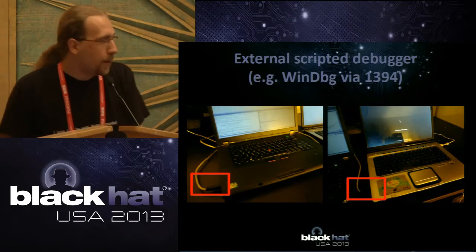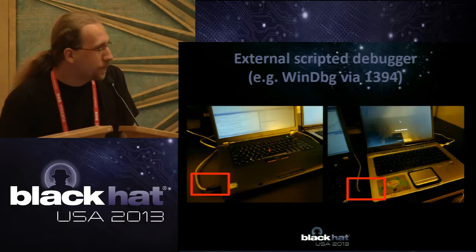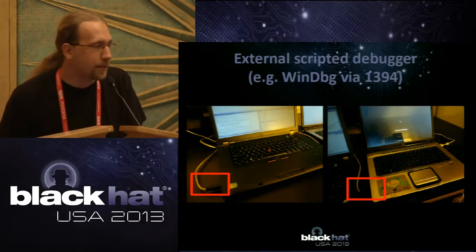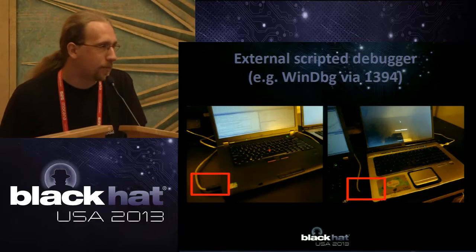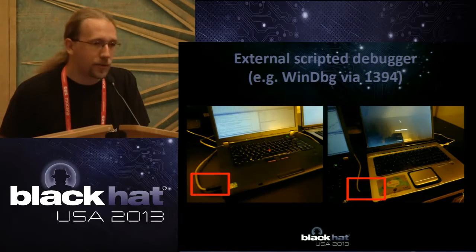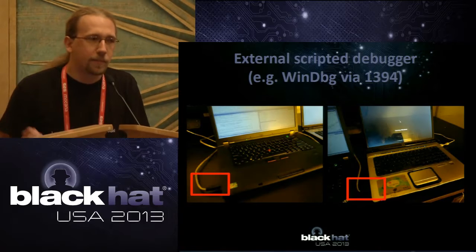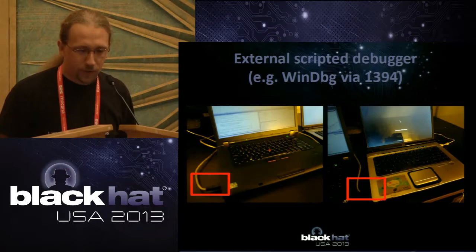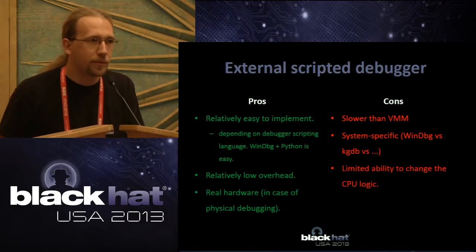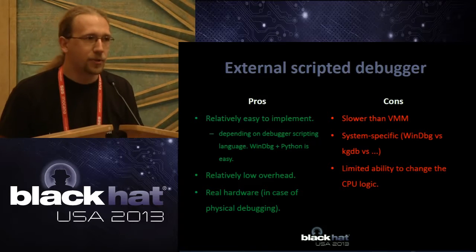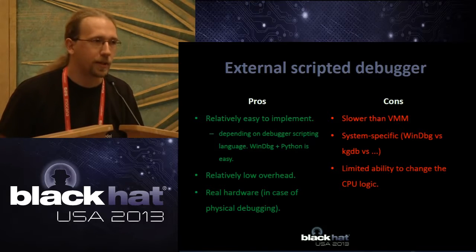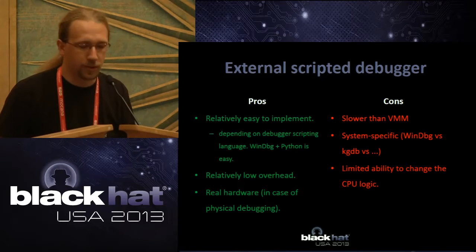Another approach would be, as you can see in these pictures, two laptops connected with a FireWire cable, running Windows and a debugger. So basically, you use an external debugger to instrument the running operating system. This is a pretty sweet approach, I think. It's relatively easy to implement, especially if the given external debugger supports a scripting language, like for example Python for WinDbg.